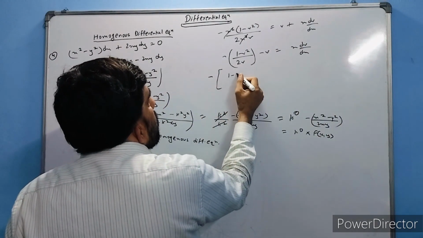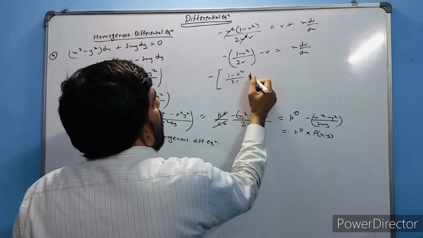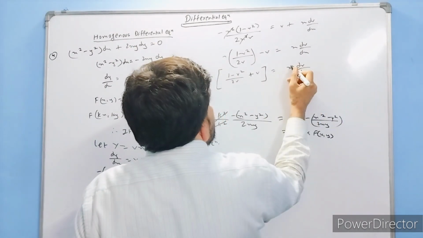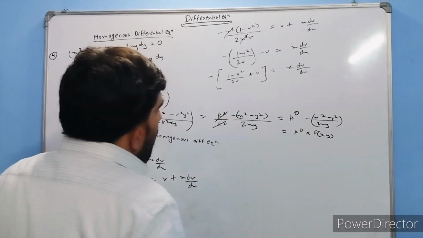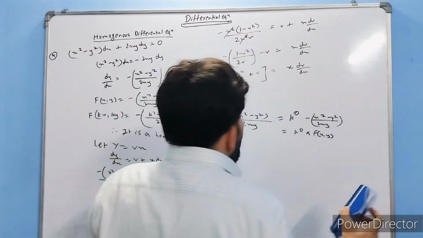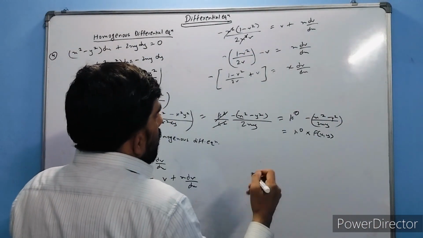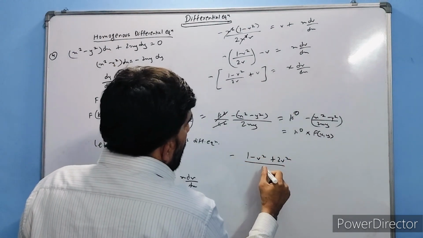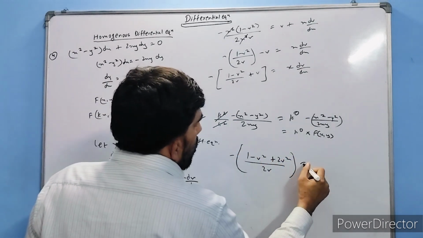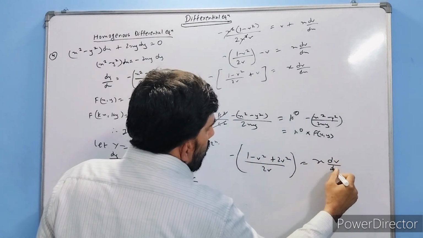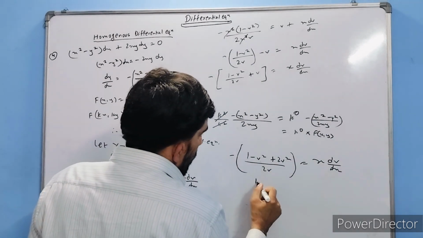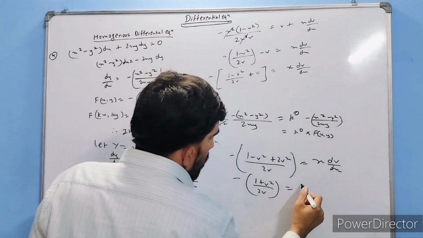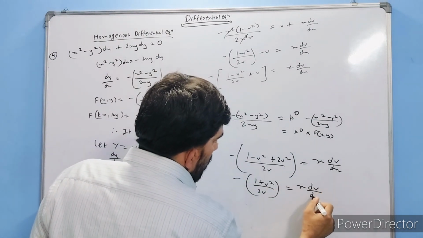So we have 1 minus v square upon 2v plus v is equal to x dv upon dx. Okay. So my next step will be, let us see, 1 minus v square plus 2v square upon 2v is equal to x dv upon dx. So now I have 1 plus v square upon 2v, with minus sign, is equal to x dv upon dx.